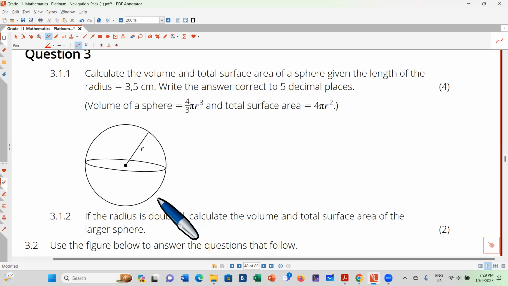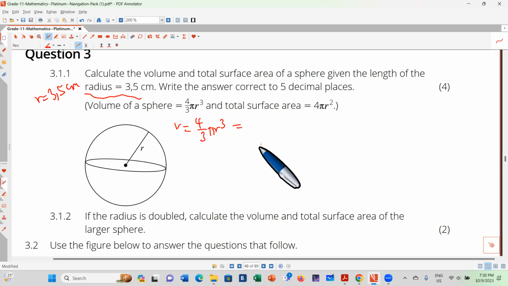So what is therefore the volume of the sphere? Because you have been given that the radius is 3,5. So the volume of the sphere is 4/3 pi r cubed. So it is 4/3 pi, and the radius is 3,5.